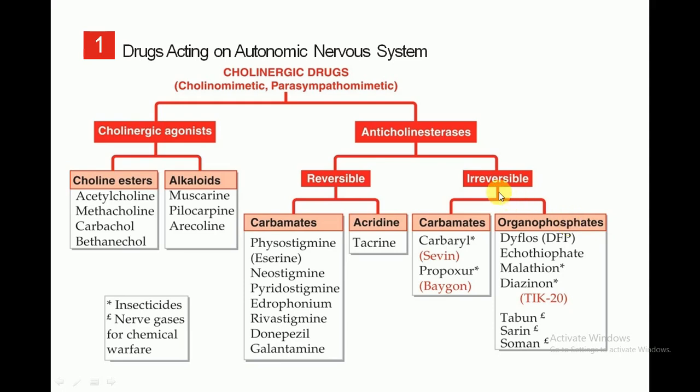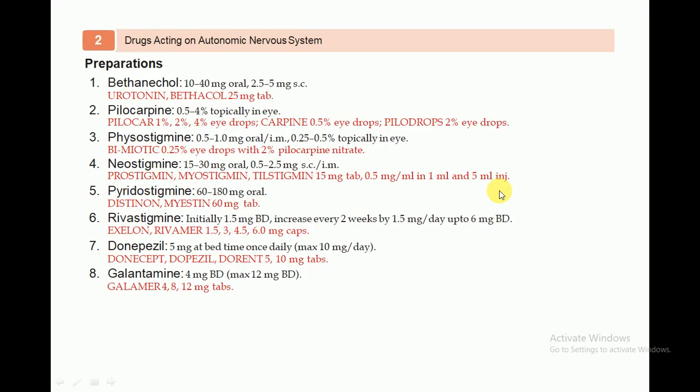Okay, now come to all the doses. These are the drugs acting on the autonomic nervous system, which has the sympathetic and the parasympathetic nervous systems, and then peripheral, autonomic and many more.